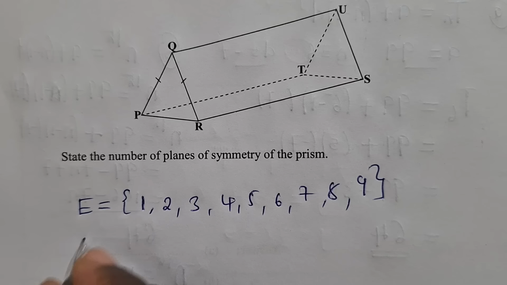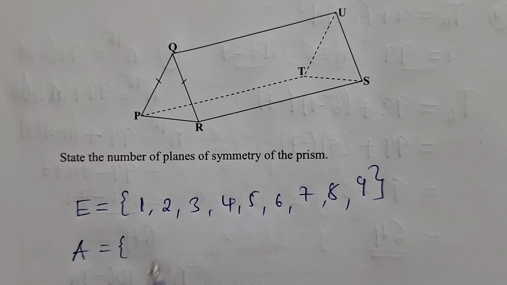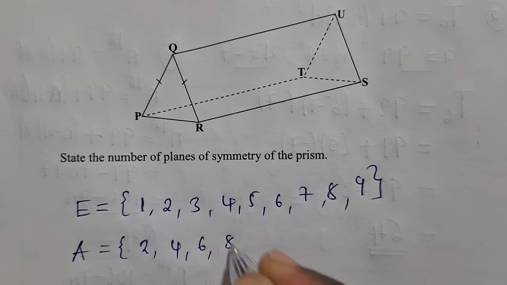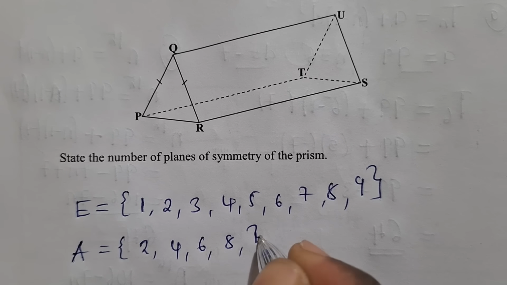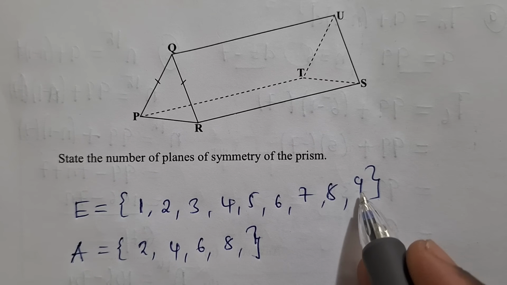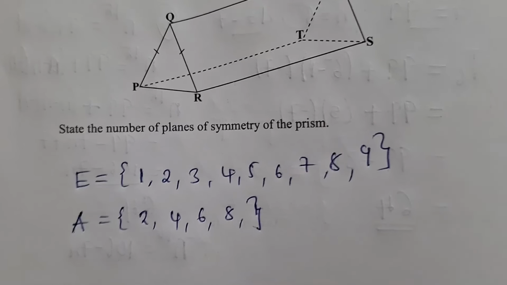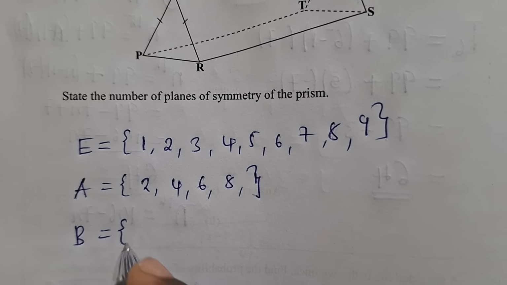While even numbers, okay, so for the even numbers, it will be 2, 4, 6, 8, just 8, because they are less than 9, so it's 8. And when we talk about even numbers, we're simply talking about numbers that only 2 can go in. For B, it's prime numbers.